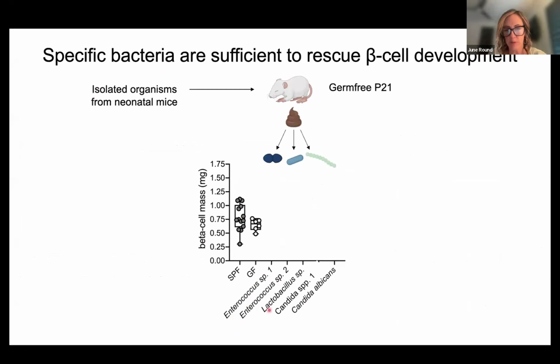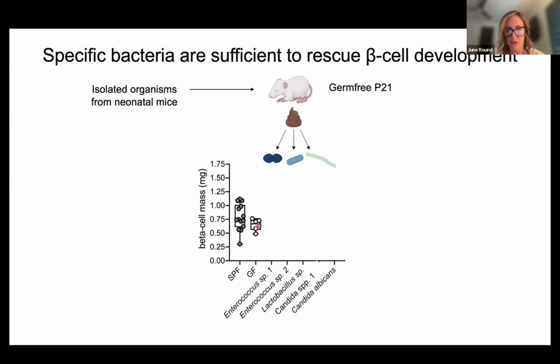So here we have a Candida isolate, and then we also used Candida albicans, just the very typical Candida albicans used in most studies. And what she did is she took these organisms and monoassociated germ-free mice, and then she analyzed the beta cell mass in these monoassociated conditions to see which specific organisms were really important.